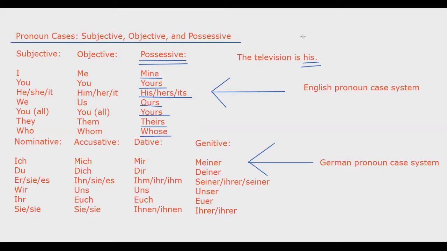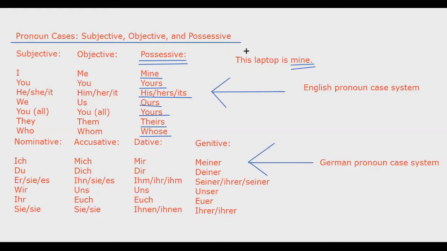So that's what the possessive case does. And to provide another example, this laptop is mine because I own the laptop. It belongs to me. And since it belongs to me, mine is in the possessive case. This laptop is mine.